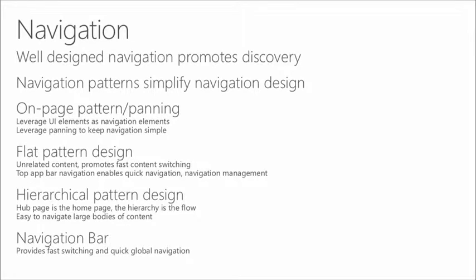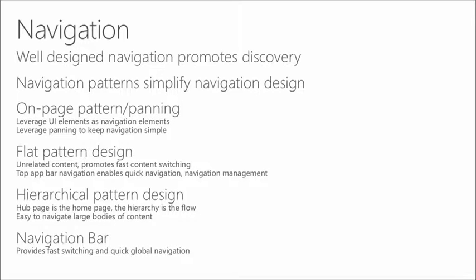We've seen the things about panning, how we can use the panning in the screen, but also think about competing gestures and make it easy for the user to not get lost in navigating through our app. Right. The flat pattern design, where we can have different types of content beside each other, like documents or pages, and just have a way to navigate through that.